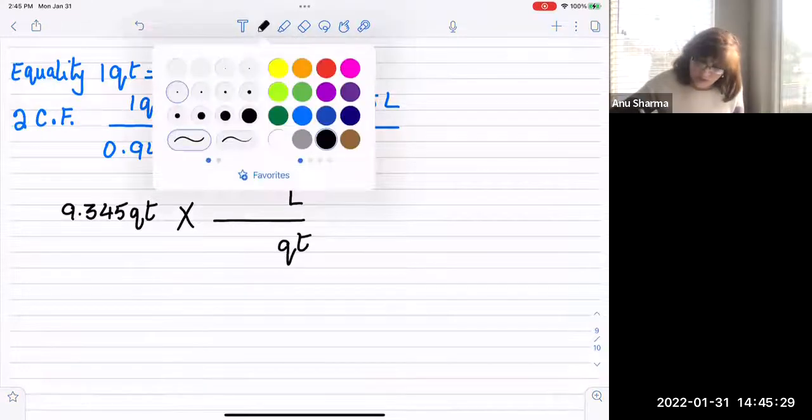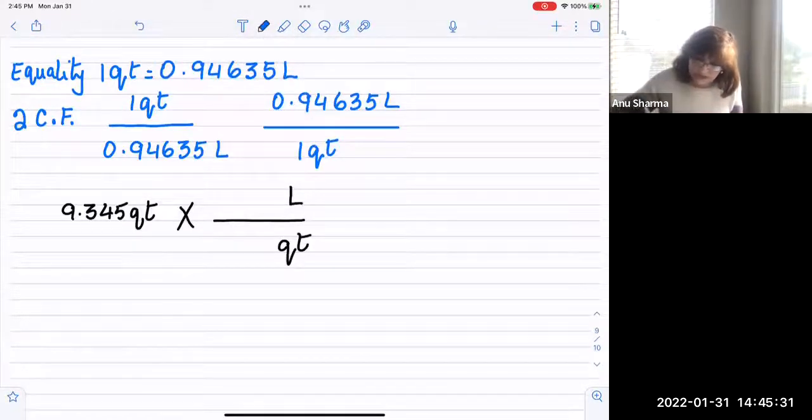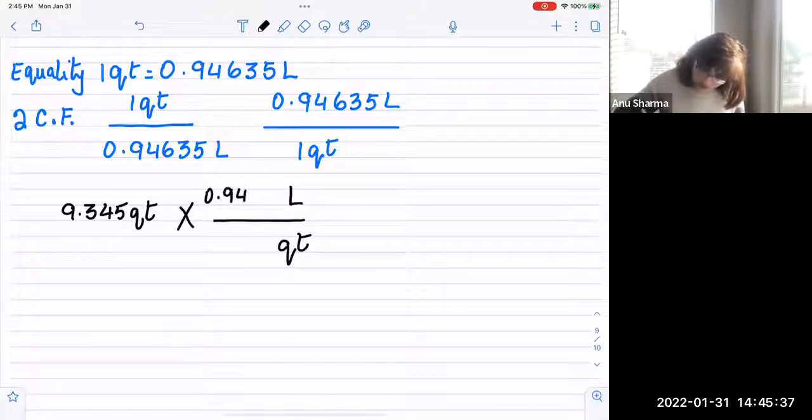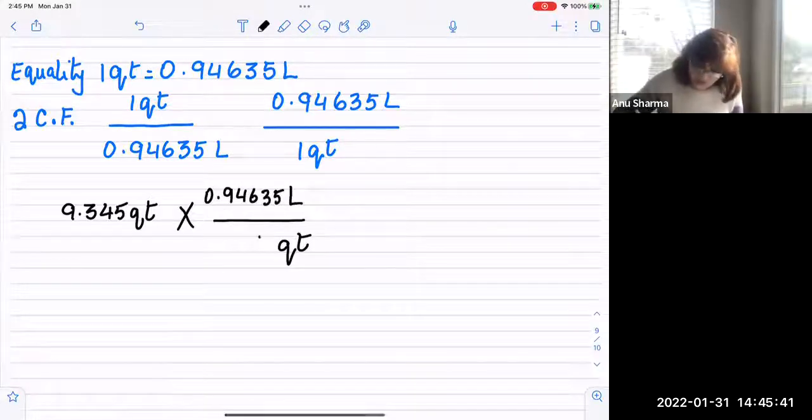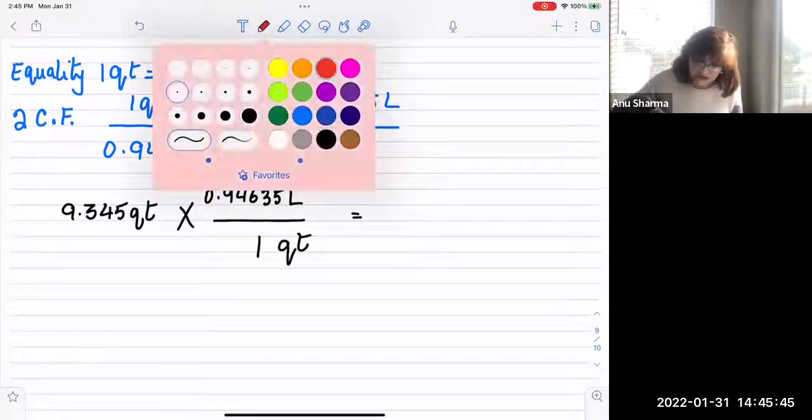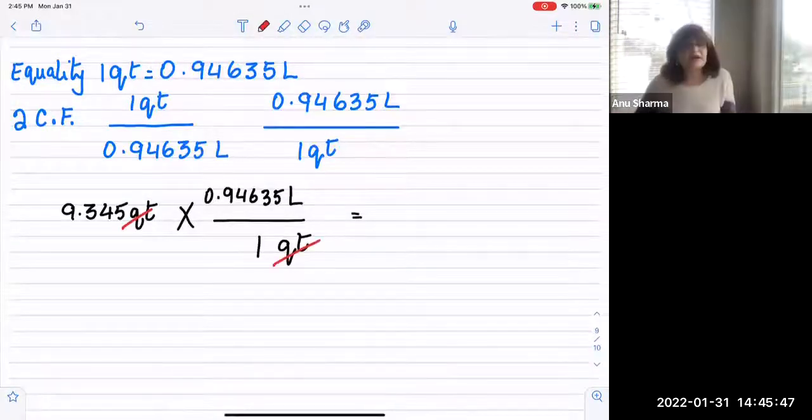Now you put in the rest of the numbers: 0.94635 liters over 1 quart. Here we see that quarts and quarts cancel out.